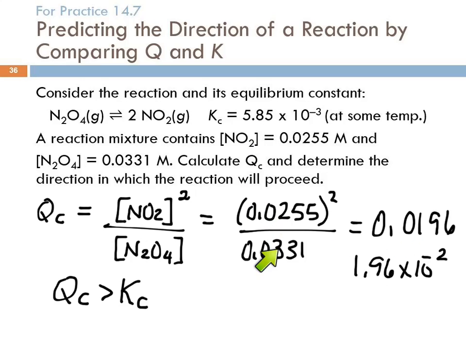So if this needs to go down, then the product number needs to get smaller, right? And the reactant number needs to get bigger. Then QC gets smaller. So that tells me the reaction is going to go to the left, towards the products. Any questions?